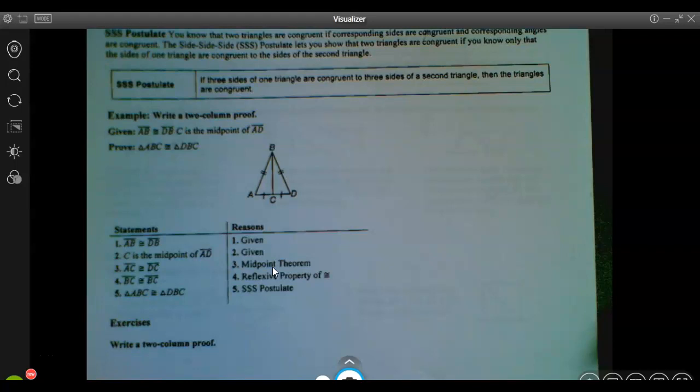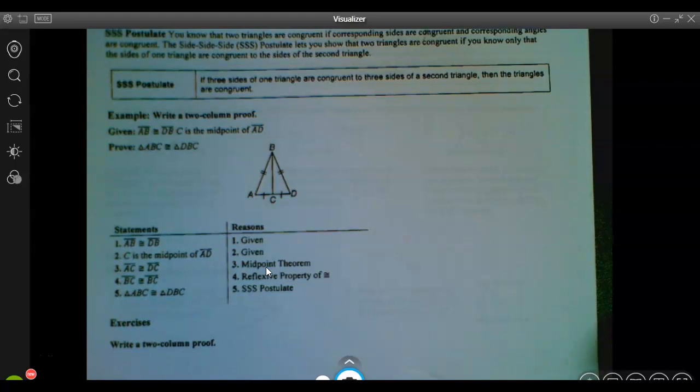Now we've had some discussion on this. We looked at how the midpoint theorem can be a little bit limited in its use, right? The other thing that we've talked about that went back to chapter 1 was the definition of midpoint, because the definition of midpoint is a little broader than the midpoint theorem. The definition of midpoint says that segments are congruent and equal.